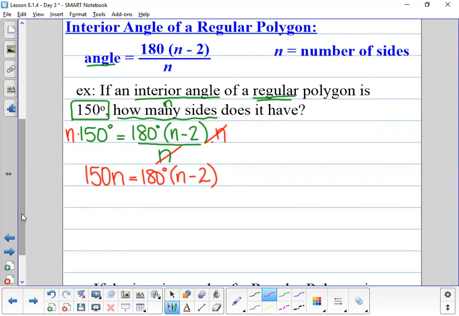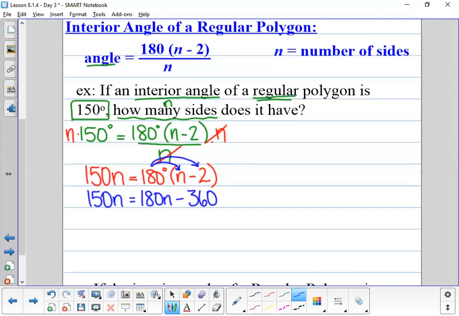I'm going to try to distribute instead, because I think that might make it a little bit easier on me. Distributing gets rid of your parentheses. You're multiplying everything in the parentheses by 180 in this case. So now I've got 150n equals 180n, and then 180 times 2 is 360. So then I would have minus 360.